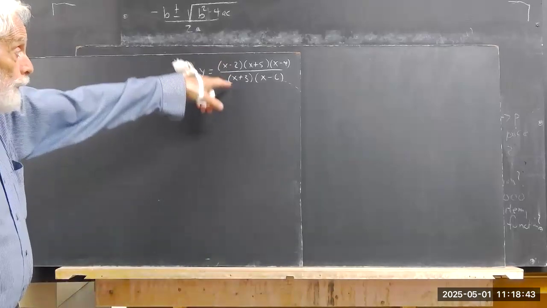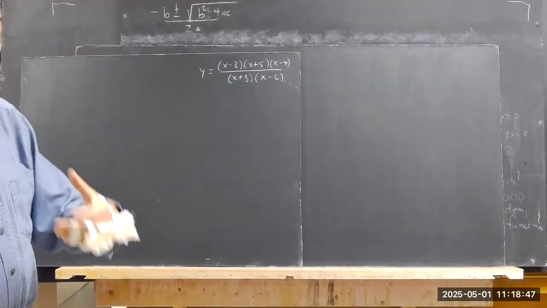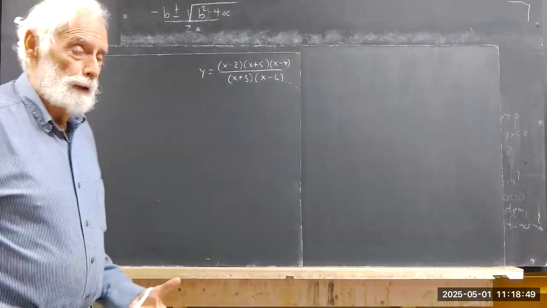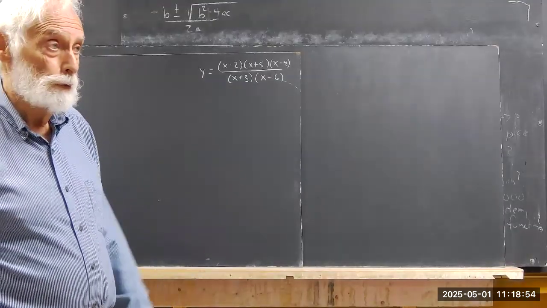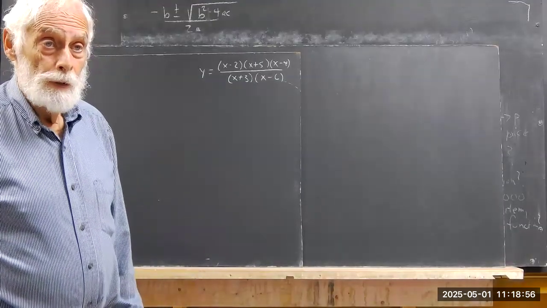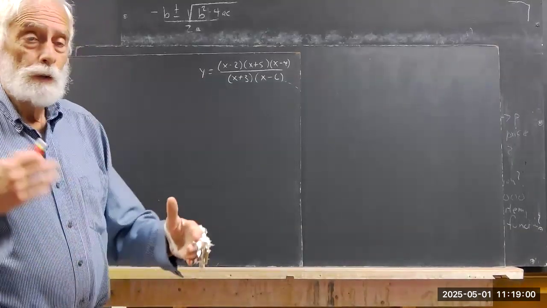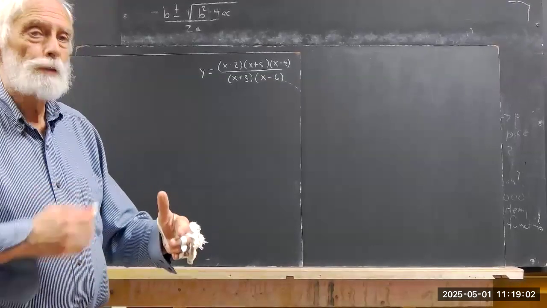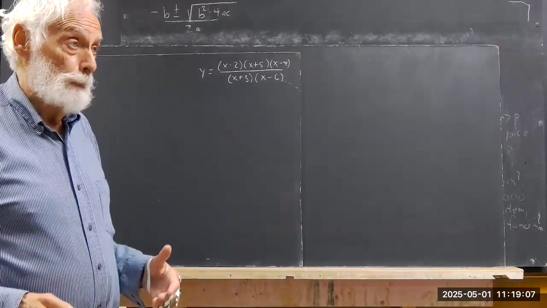It's a polynomial divided by a polynomial. Now, one thing that I'm not talking about right now is how you factor a polynomial. You might have to factor a third-degree polynomial. Remember that you find a number that makes it 0 and do a long division by x minus that number. Okay, so you want to review that.